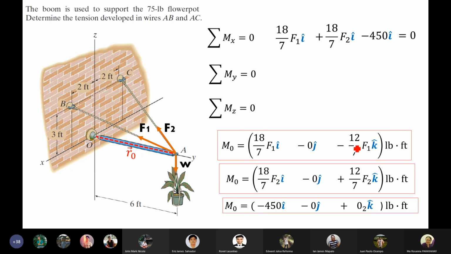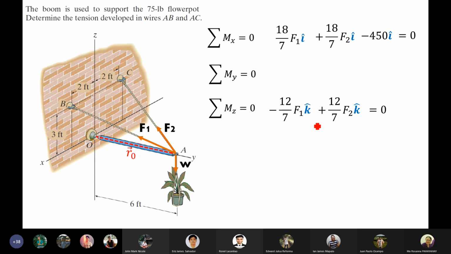Now, for the moment of force along Z, let's write it here. That is negative 12 over 7 F1, so this one. For the second, that is plus 12 over 7 of F2 K hat. And this is 0, so that is equal to 0. Here, dalawa yung unknown natin, pero pwede tayong makasolve.